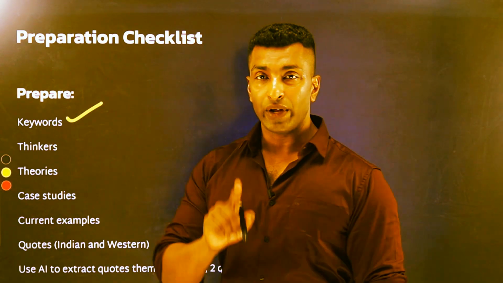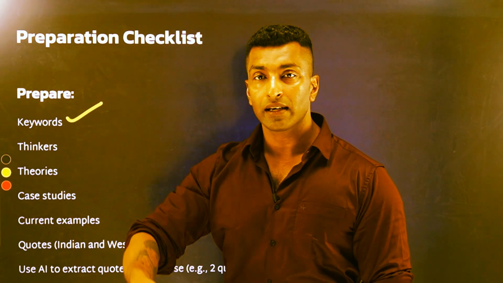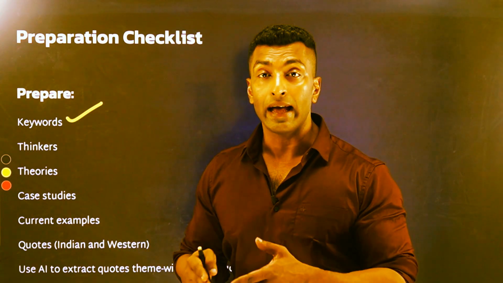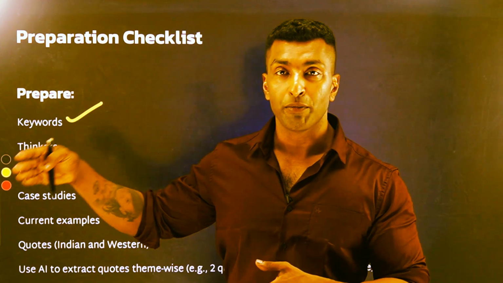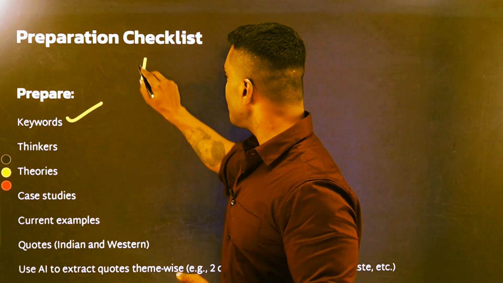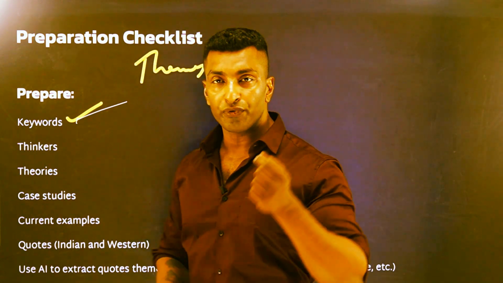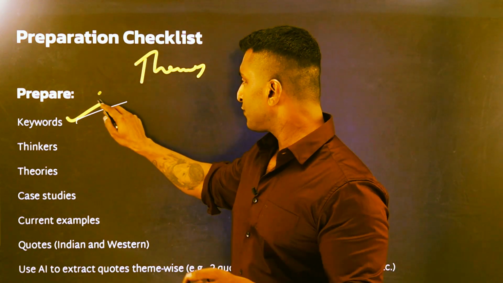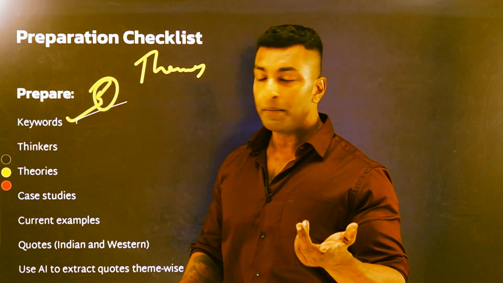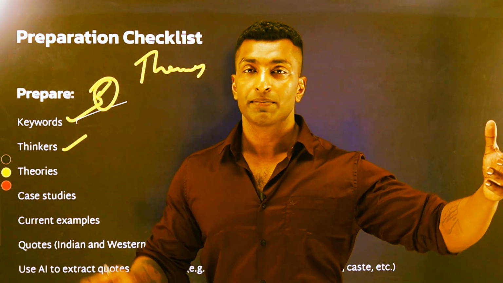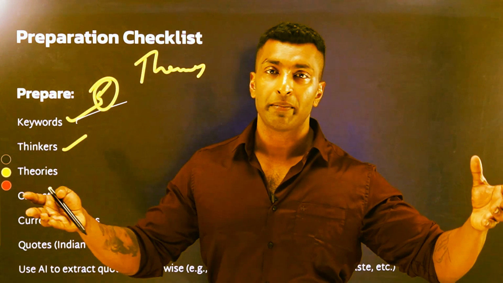Keywords I told you, very important. So you have to first look at the previous year questions from 2013 to 2025, and understand the important areas of the themes. Once you get the important themes, look for the keywords of each of these. I need at least 5 keywords, use ChatGPT. Thinkers, I need to get for that, whether it is communalism, secularism, there are a lot of studies that have been done, marriage, family, kinship.